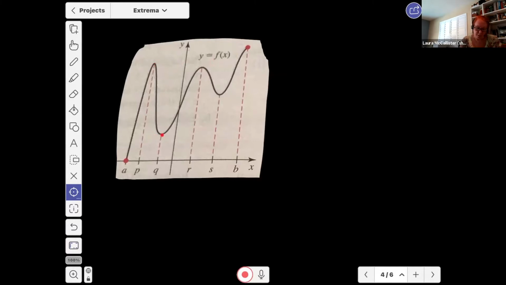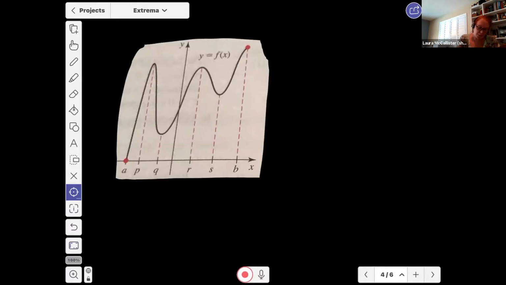Q would be considered a local min, local max, local min. What about B? What would B be considered? Yep, Calvin, it is the end. It's the end of the interval, so B is the absolute max, and A is the absolute min. And of course, any kind of polynomial function is always the easiest one for us to talk about, correct?